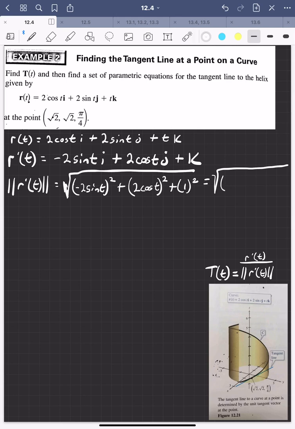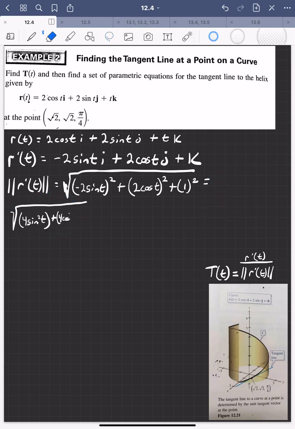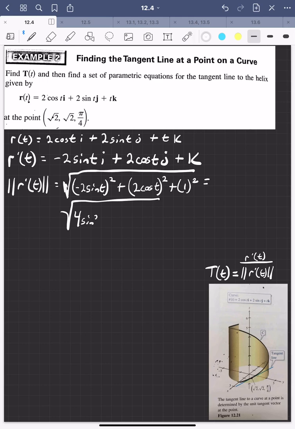After you square, this becomes 4 sine squared plus 4 cosine squared plus 1.